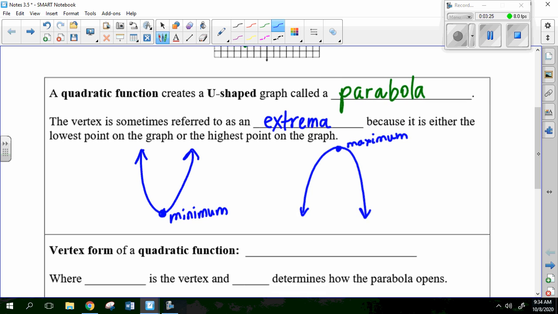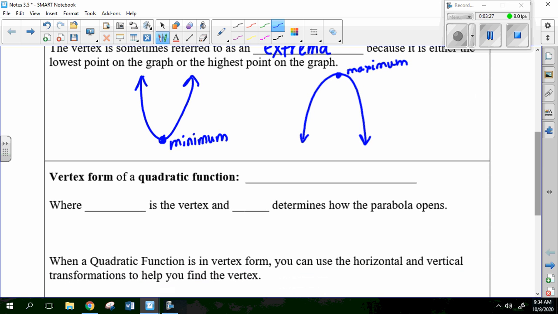All right, so just like with the absolute value functions, there is a vertex form, where you can easily figure out the transformations: the left, the right, the up, the down, the flip, all that stuff. And it looks like this: y equals a times parenthesis x minus h parenthesis squared plus k.